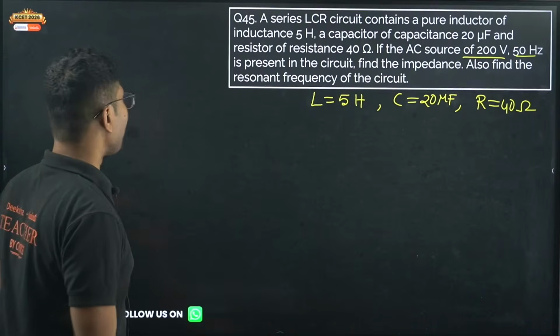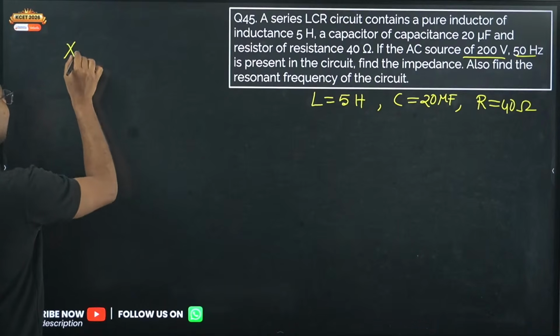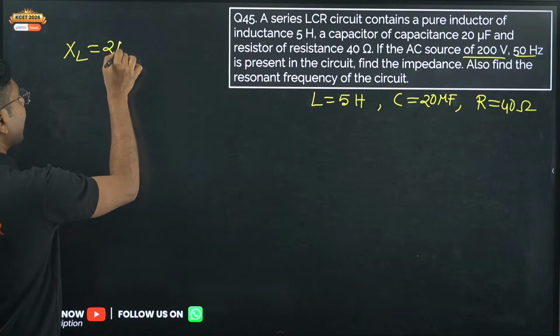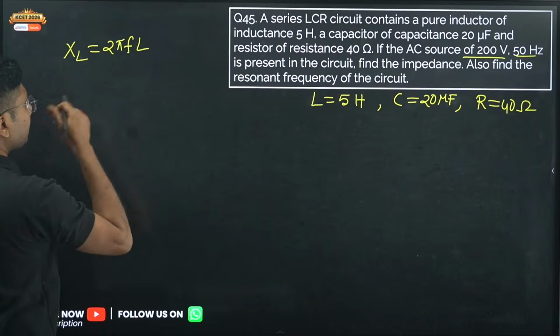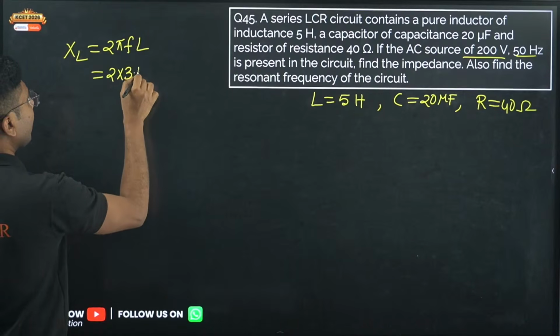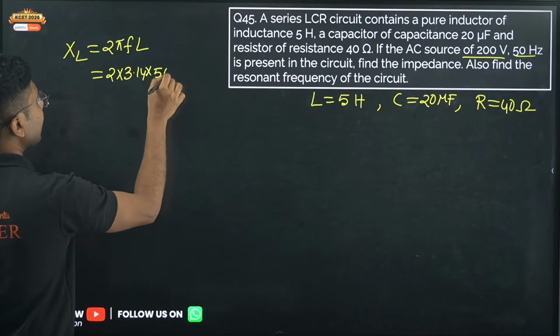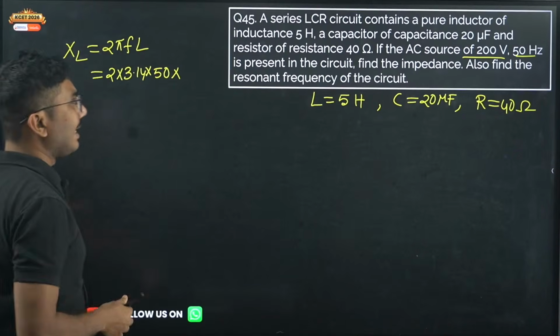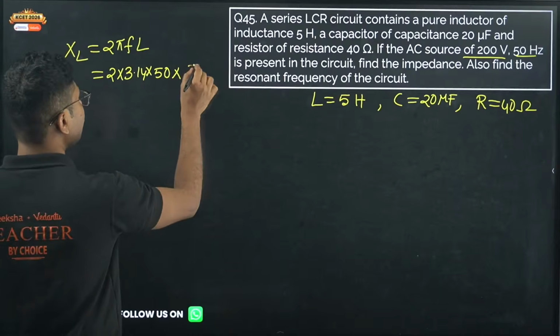Find the impedance. How to find the impedance? First step is to calculate XL. XL is 2 pi F into L. So 2 pi means 2 into 3.14, frequency is 50 and L is 5 Henry. Very simple.